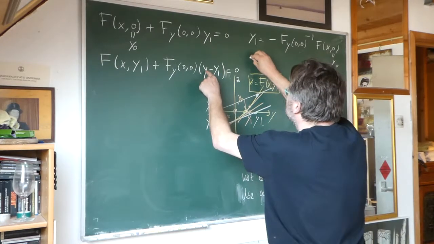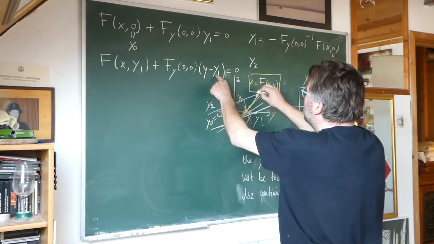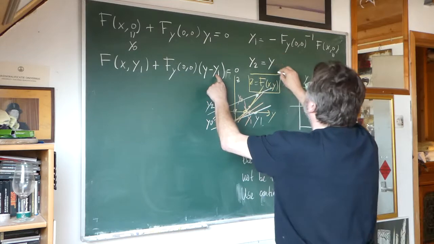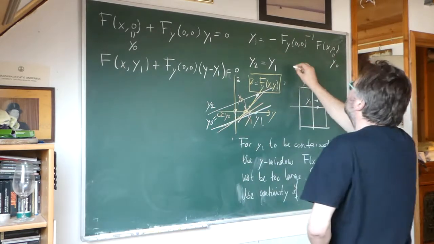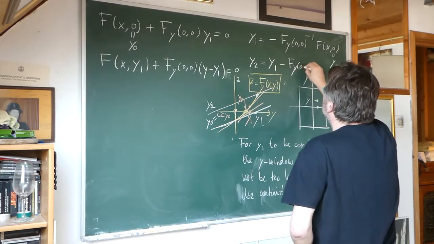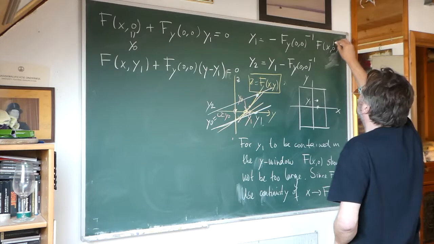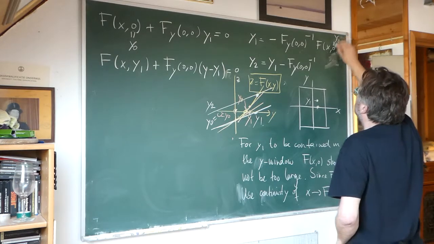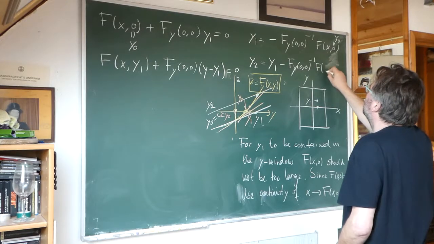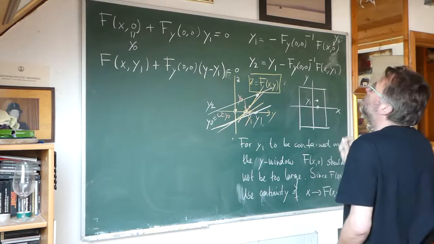So y2 minus y1 is something, but I put the y1 on the other side: y1, and then I just copy what's over here, f_y(x, y0) inverse acting on f of x and y1.